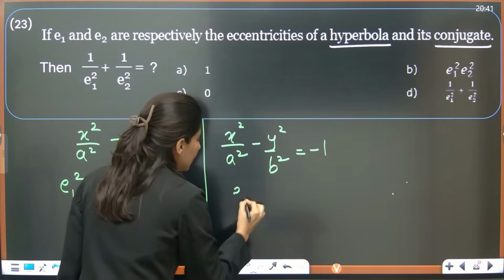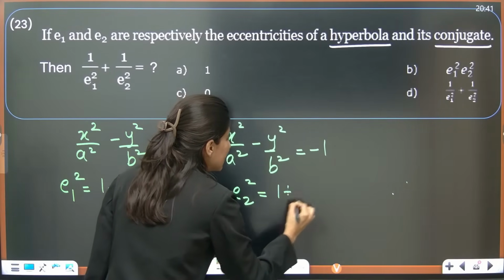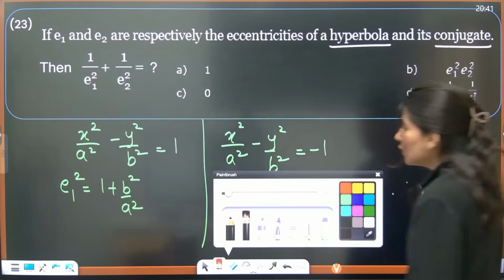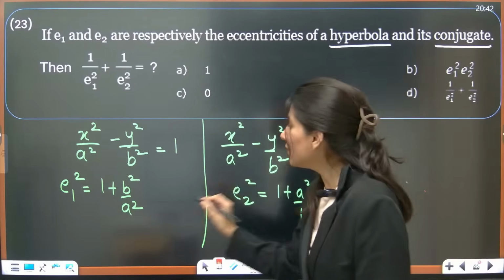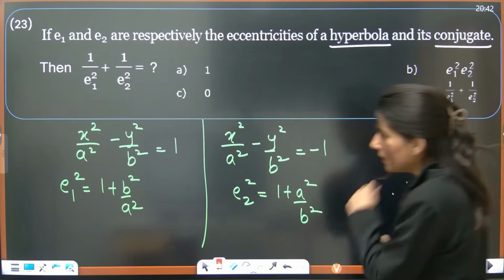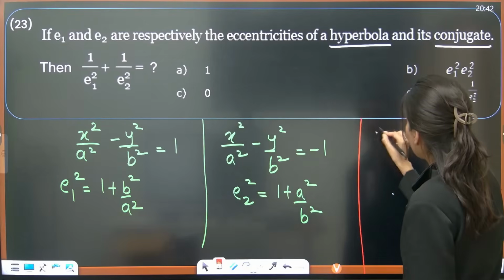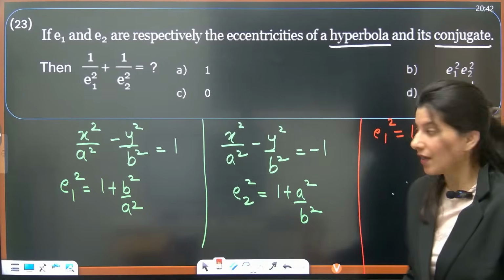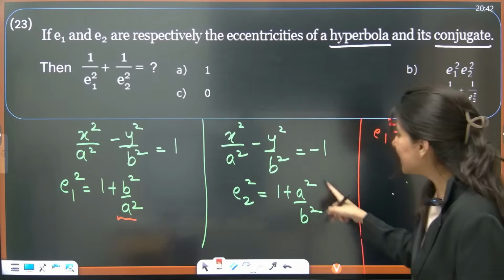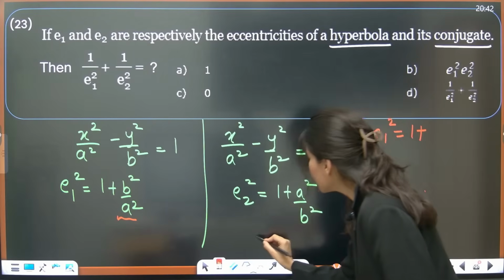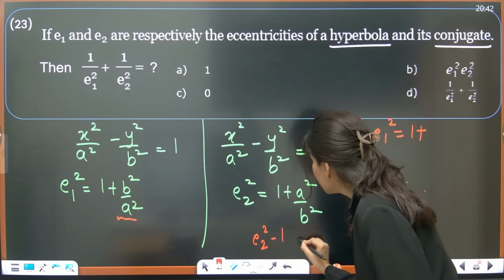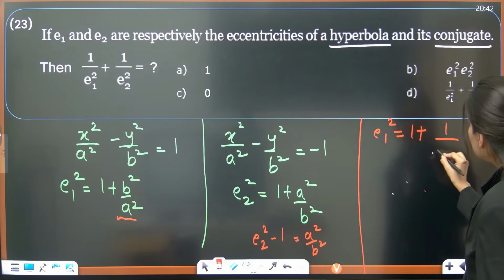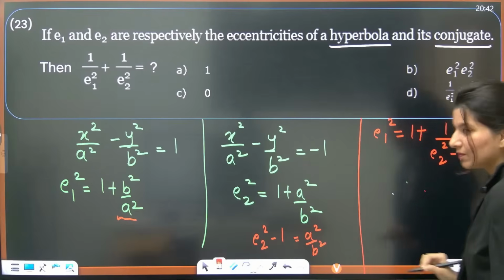So the eccentricity E2 square will be equal to 1 plus a square by b square. Here a and b will interchange, correct? You are looking for a relation between E1 and E2. So understand that E1 square is equal to 1 plus b square by a square. Now b square by a square you can easily calculate from here. That is going to become E2 square minus 1 is equal to a square by b square. If you reverse it, this is 1 upon E2 square minus 1.